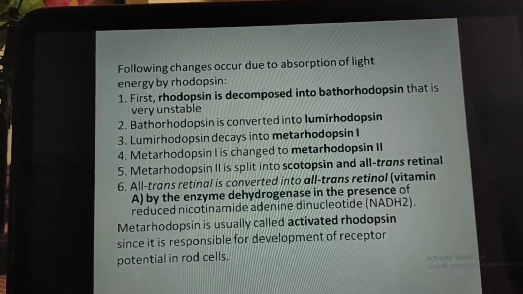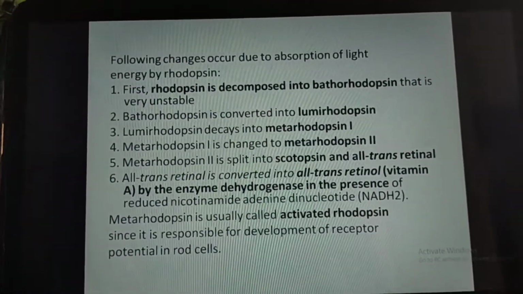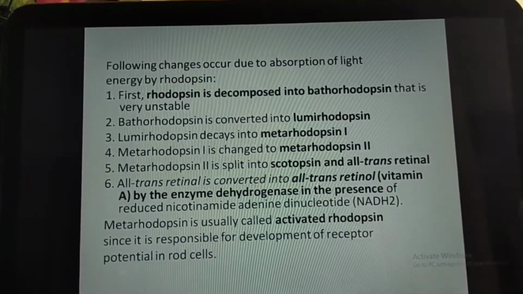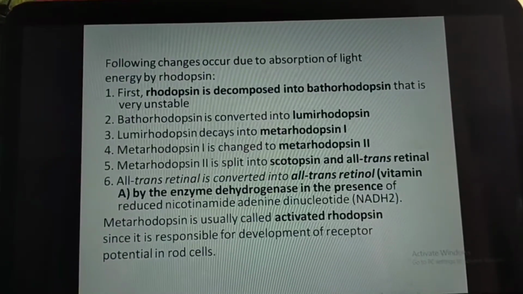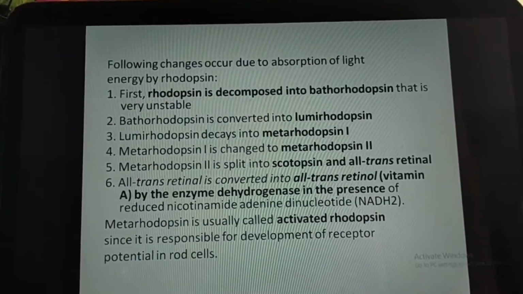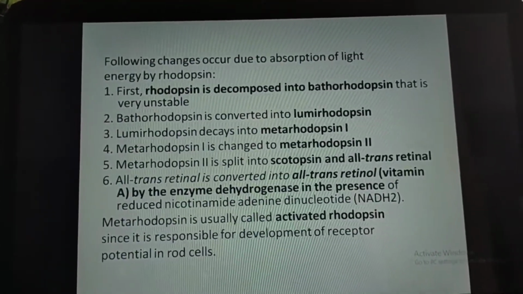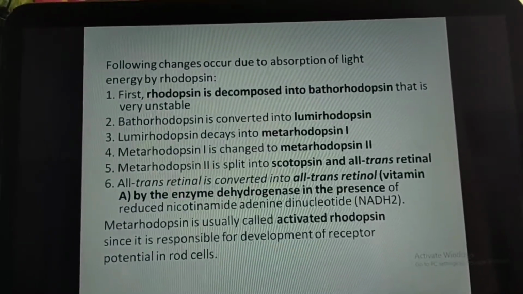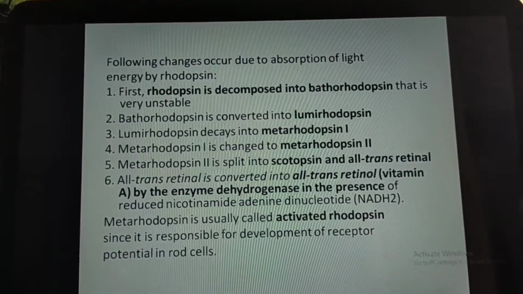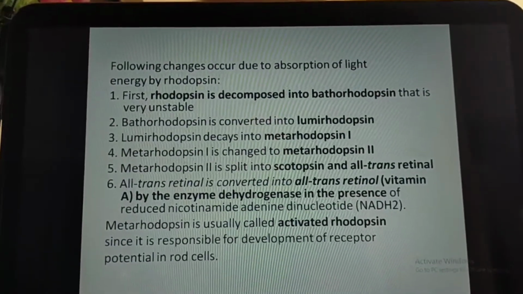The following changes occur due to absorption of light energy by rhodopsin. First, rhodopsin is decomposed into batho-rhodopsin, which is very unstable. Batho-rhodopsin is converted into lumirhodopsin. Lumirhodopsin decays into meta-rhodopsin 1, and meta-rhodopsin 1 is changed to meta-rhodopsin 2.